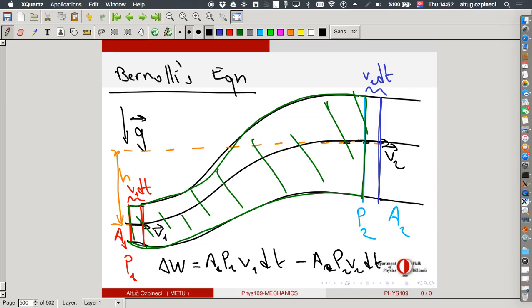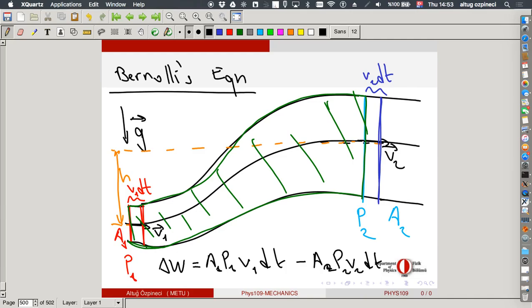A2 P2 is the force acting on this area. V2 dt is the distance over which that force acts. So this is the work done by the pressure on this side. So this difference is what gives us the total work done on our volume, on our liquid.